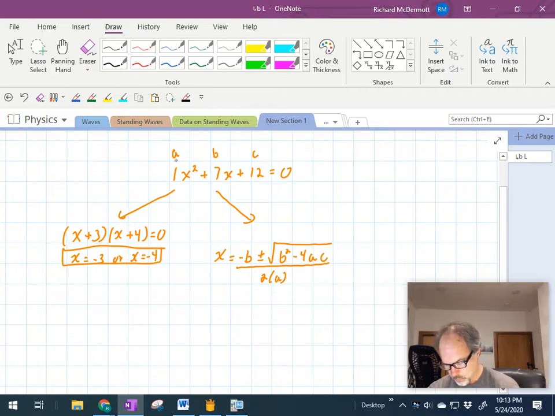So in order to use the quadratic formula to solve this quadratic, we would plug in our a, b, and c.